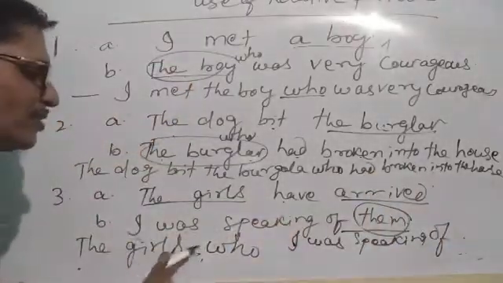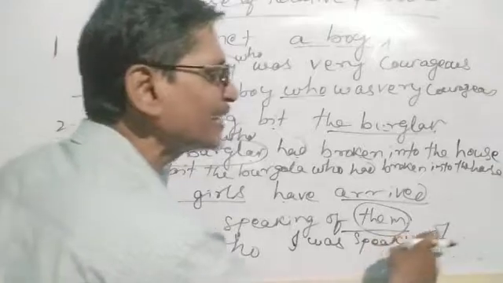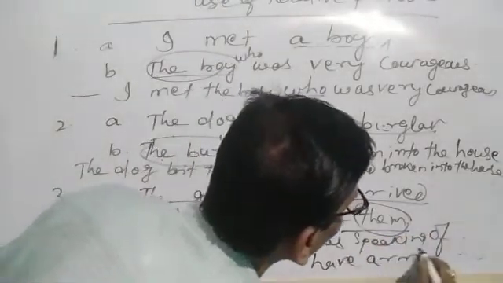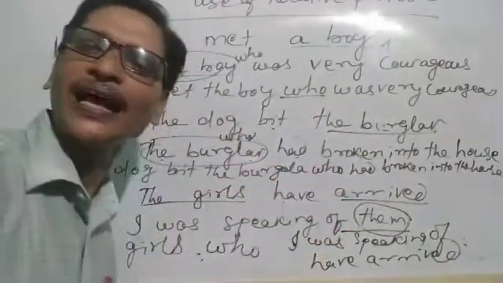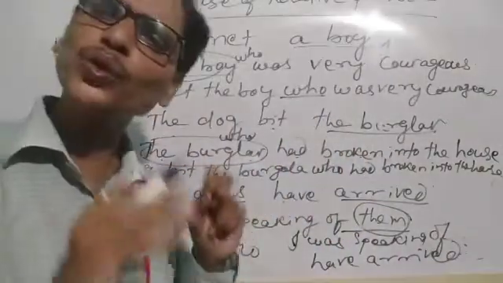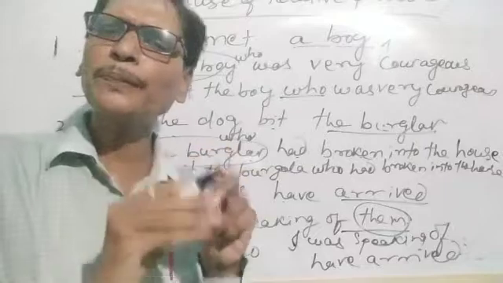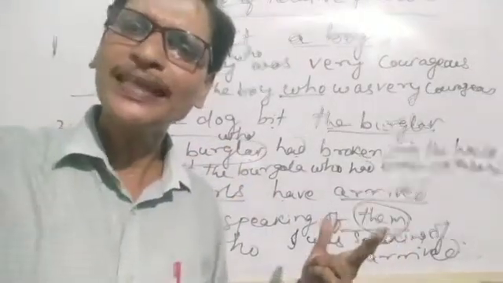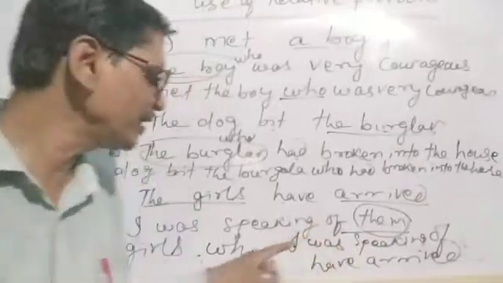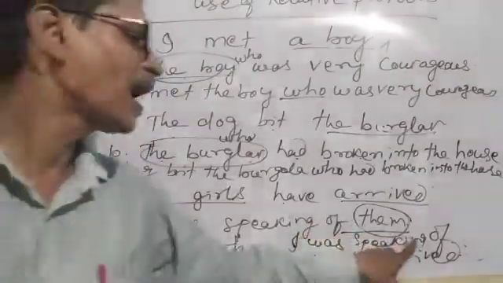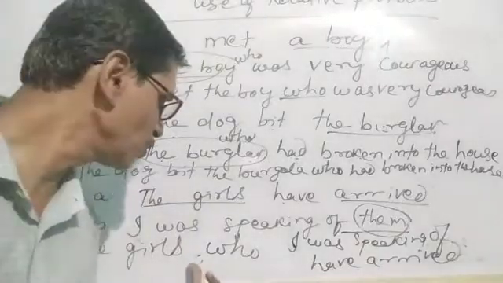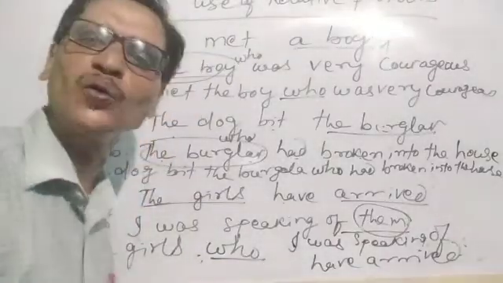The girls who I was speaking of have arrived. Understand? So we can use whom if there is a preposition before it, but normally we don't use whom. Therefore, we took the preposition after it, not before whom. So we could write who over here.